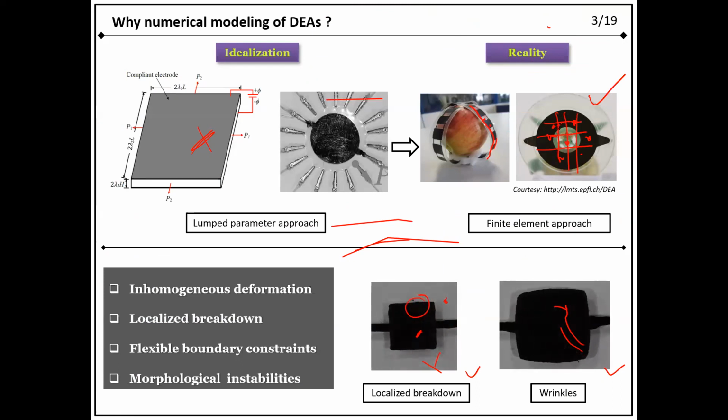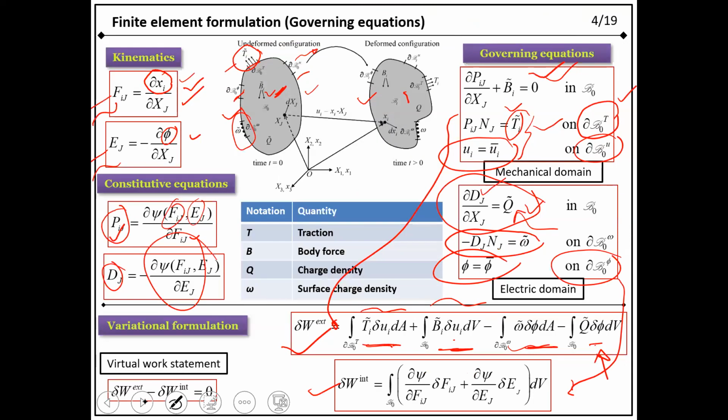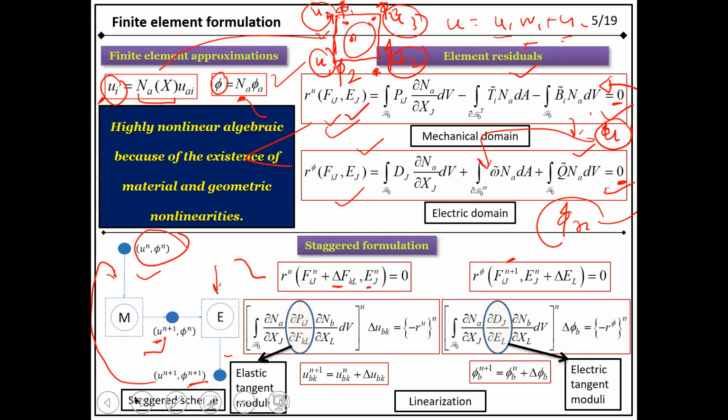If we talk about this element, once we have the nodal displacements or the nodal potential difference, we can evaluate the value of phi or u over here. This is how we solve the inhomogeneous problem by utilizing the finite element method.